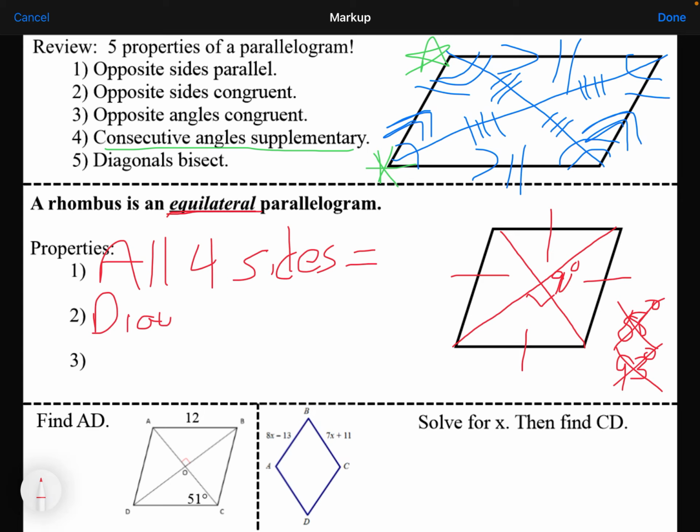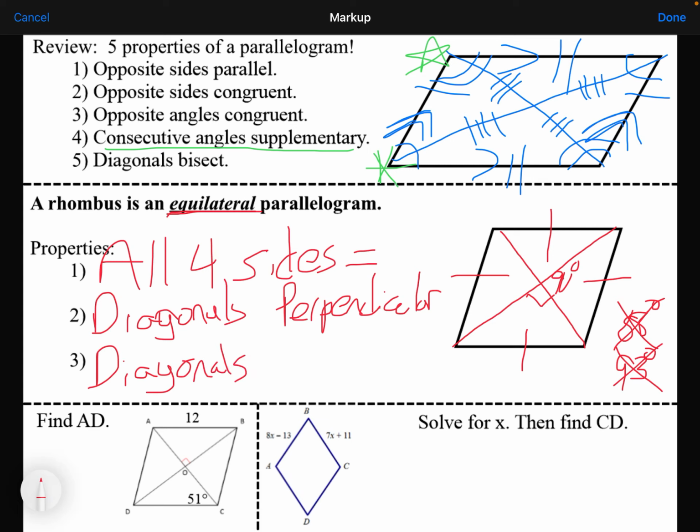The vocabulary word for two lines intersecting to make a 90-degree angle is perpendicular. So let me put that in here really quick. It's sort of messy. And then lastly, the diagonals bisect the angles. You have to make sure that in a rhombus, at every corner, different than parallelograms or rectangles, the two pieces are equal.